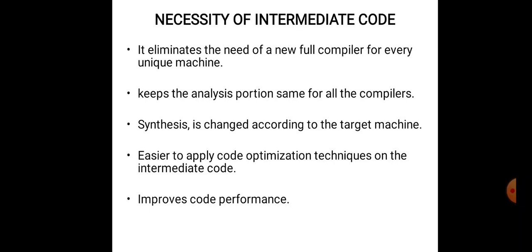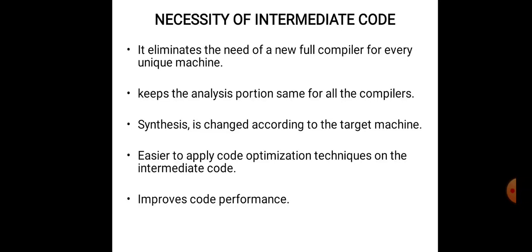And the fourth reason is, it is easier to apply code optimization techniques on the intermediate code. Because if you apply them directly on the target code and the machine changes, you need to reapply the techniques. But if you are using an intermediate code, it is quite easy compared to the other.